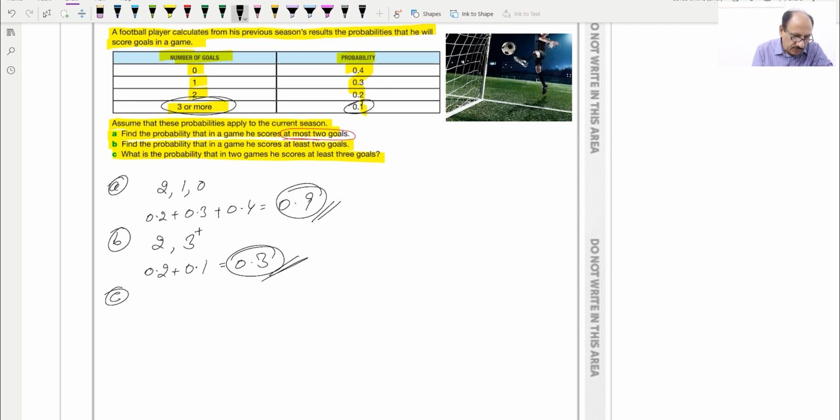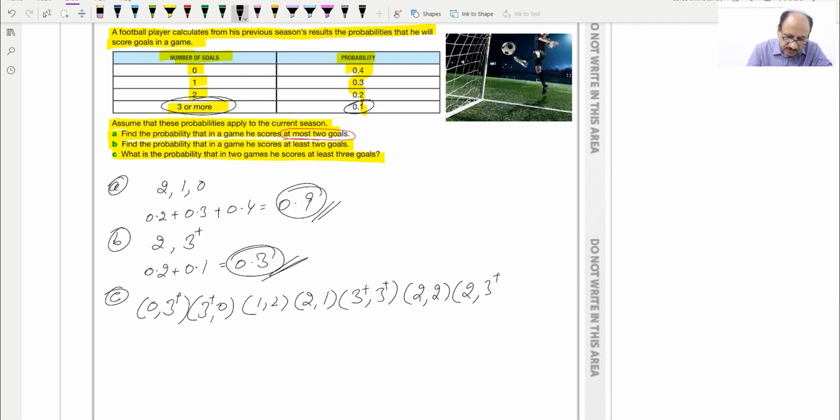The possible options we can write here are 0 and 3 plus, and 3 plus and 0. And then we can write 1 and 2, and 2 and 1. And then we can write 3 plus and 3 plus, and then 2 and 2, and then 2 and 3 plus, and 3 plus and 2 also.